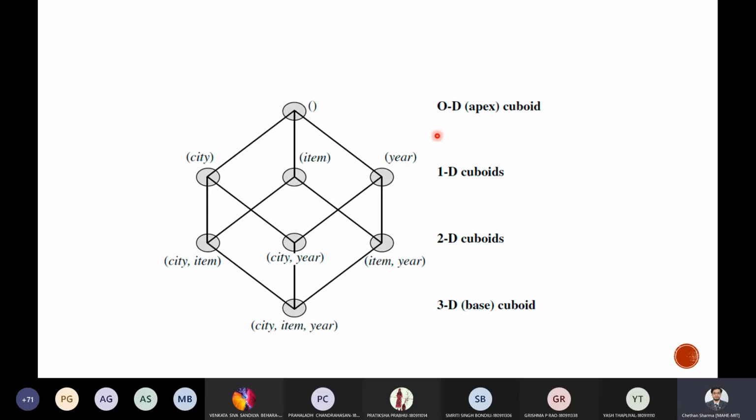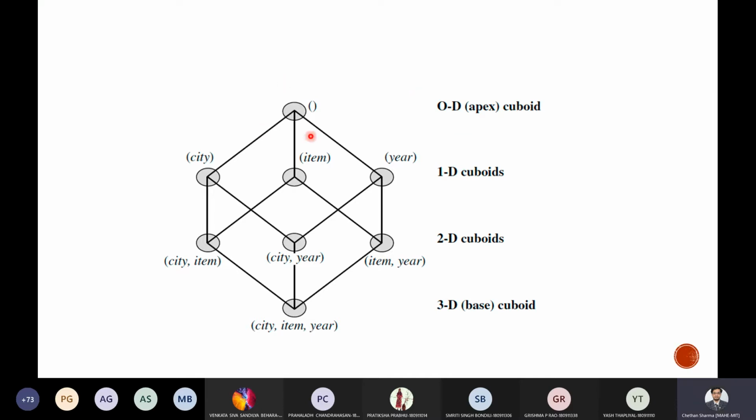It contains the total of all sales, instead of sales for a particular city, item, or year, or any combination. As we saw in the last class, the base cuboid is least generalized, that is more specific, and the apex cuboid is most generalized or least specific.